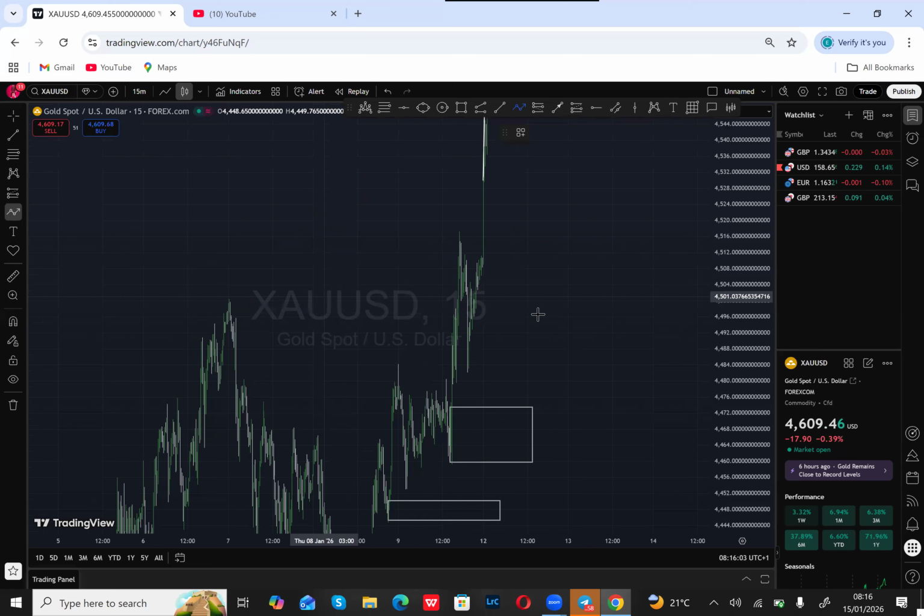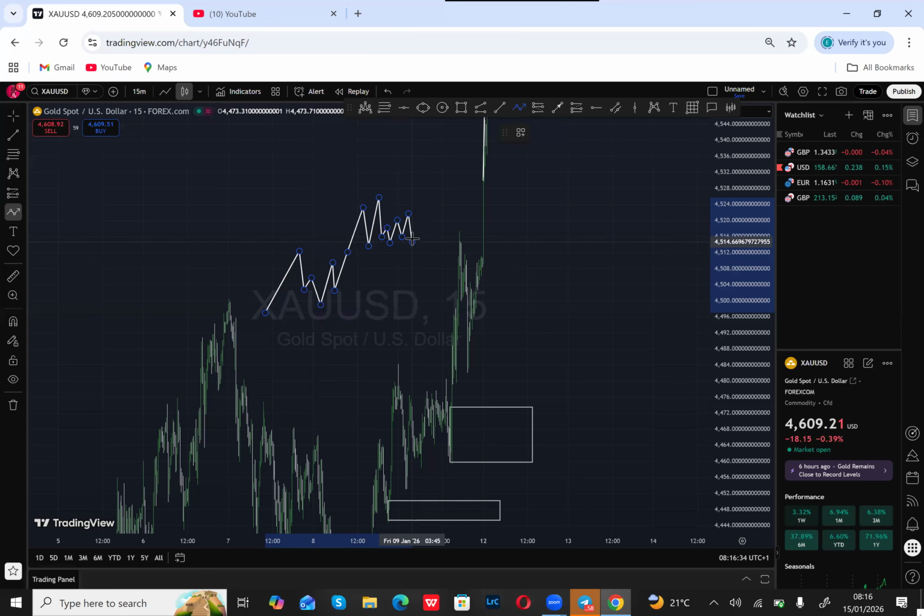If price is trending to the upside and then leaves an unmitigated zone here, right? Comes all the way up, gives a break of structure, comes back into the order block here, gives a change of character, gives liquidity, you join up.